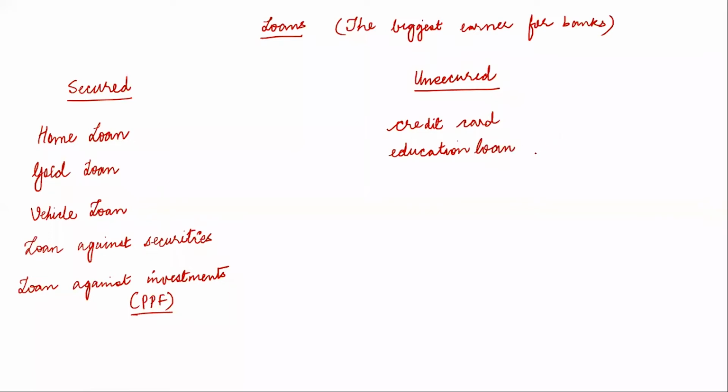They don't take a security against it, but they have a guarantor. If the bank can't recover from a certain individual, then they will go to the guarantor. Personal loan, I also heard this from the group. What else? More or less, these are going to cover all unsecured loans.